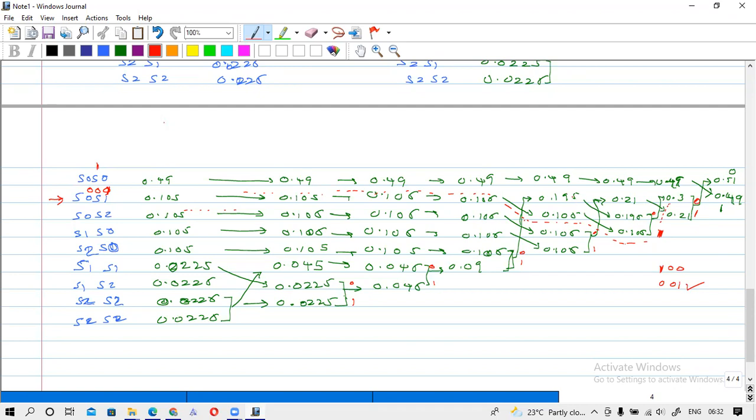And here again 0, and this will be again 0. So this will be 0, 0, 0, 0, correct? S2, S0 should be 0, 0, 0, 0. Correct? Have you calculated? So this is, sorry, 1.